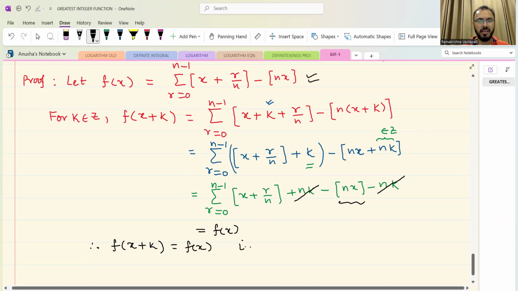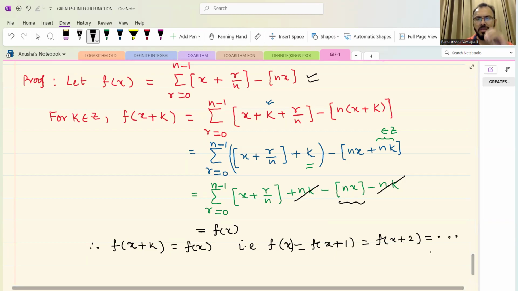That is, f of x equals f of x plus 1 equals f of x plus 2 and so on. If you think, for which function does the value remain the same even after replacing x by anything?